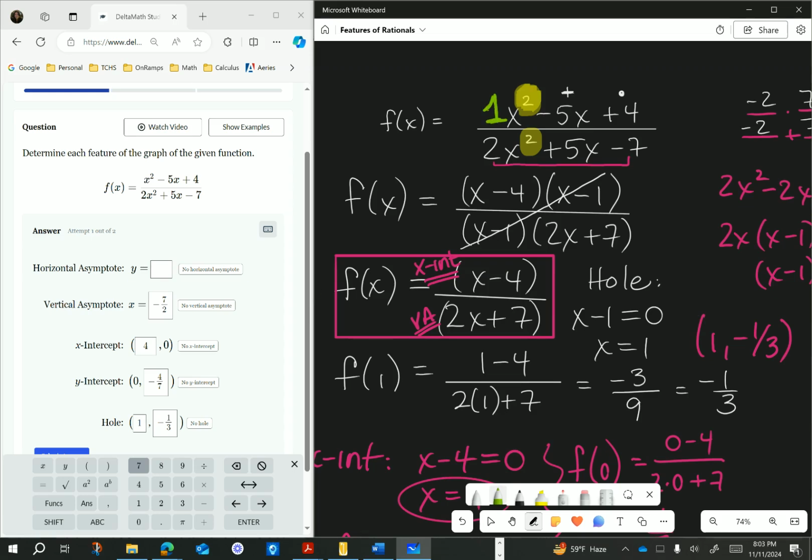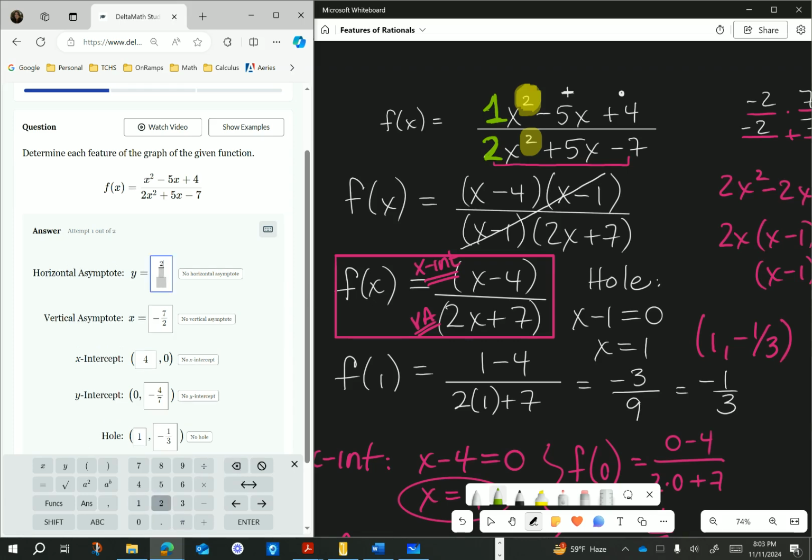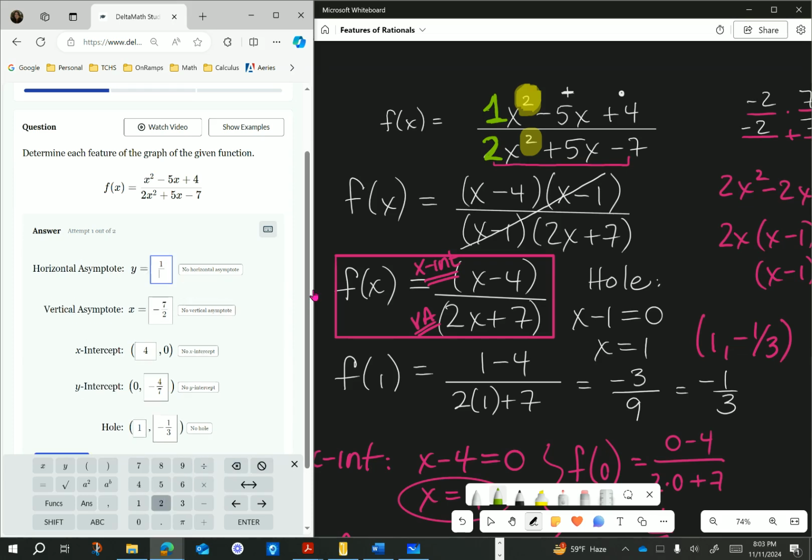It has to be the leading coefficient over 2. It's going to be 1 over 2. And my typing is not working. 1 over 2. There we go. It's not negative, is it?